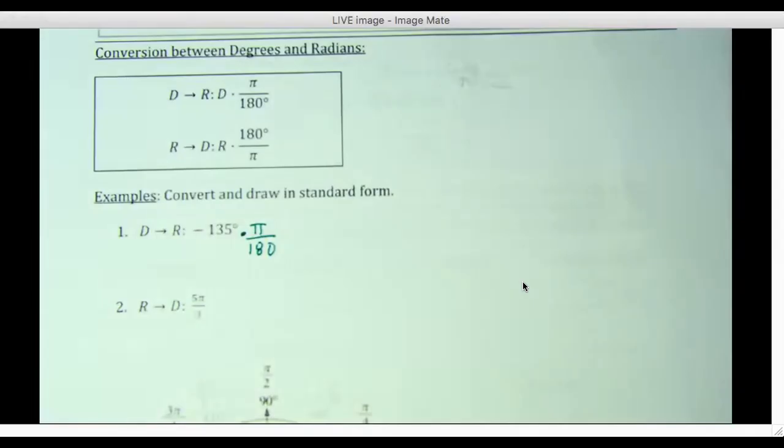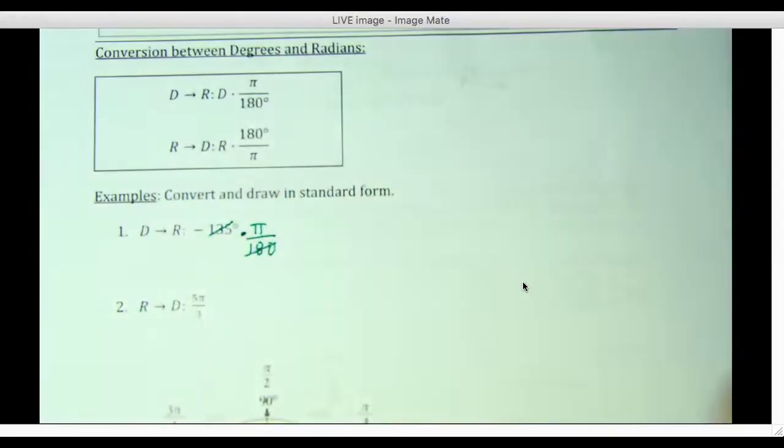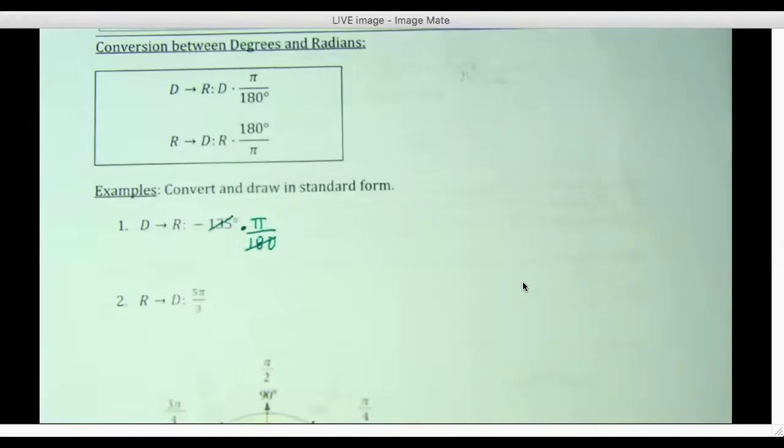Well, 135 and 180 are both divisible, or can be reduced. They have a common factor of, let's try 5 first. Actually, I know I can do more than that.